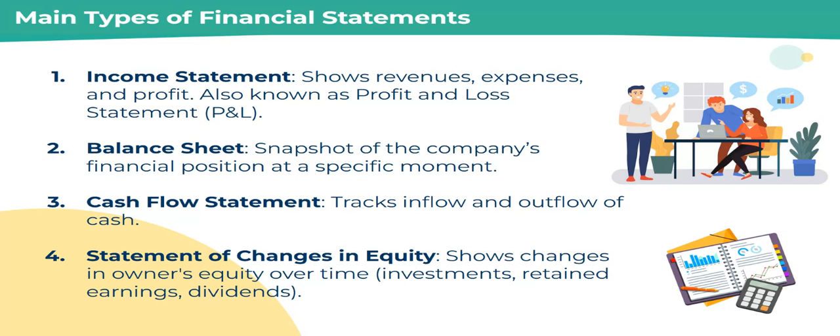This is a statement that allows us to track inflow and outflow of cash into a business. And number 4, statement of changes in equity. Shows changes in owners' equity over time. Investments, retained earnings and dividends, for example. So there are some different types of financial statements. Once again, the income statement, balance sheet, cash flow statement, and statement of changes in equity.